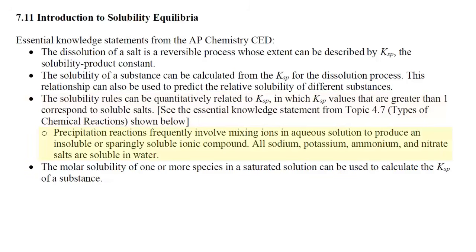Precipitation reactions frequently involve mixing ions in aqueous solution to produce an insoluble or sparingly soluble ionic compound. All sodium, potassium, ammonium, and nitrate salts are soluble in water. The molar solubility of one or more species in a saturated solution can be used to calculate the Ksp of a substance.